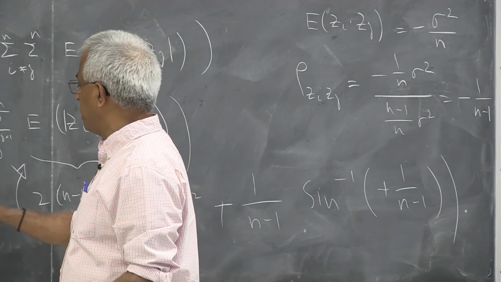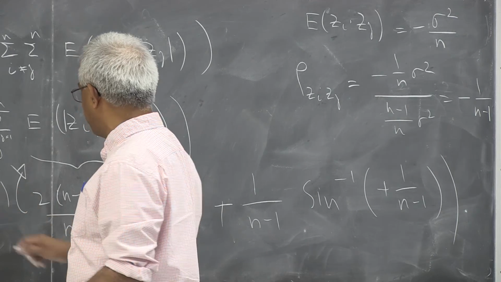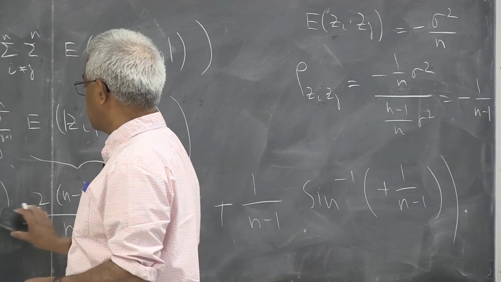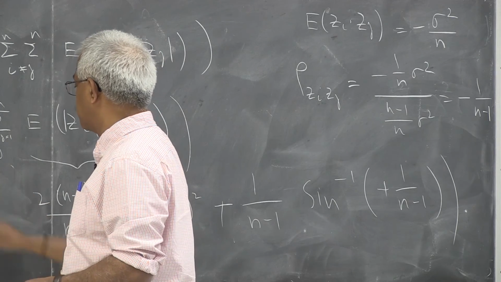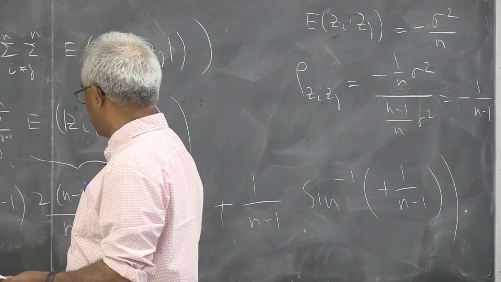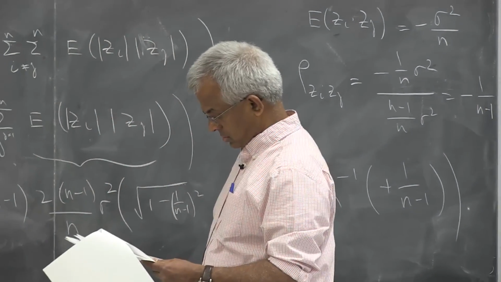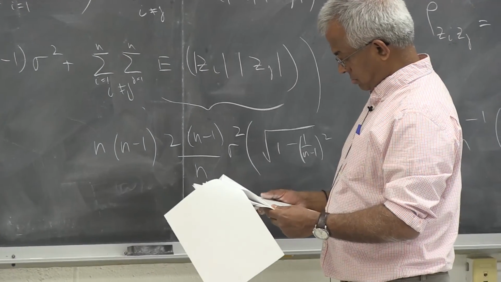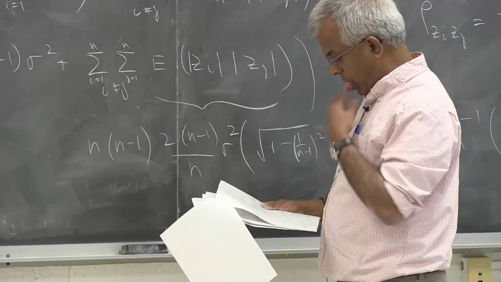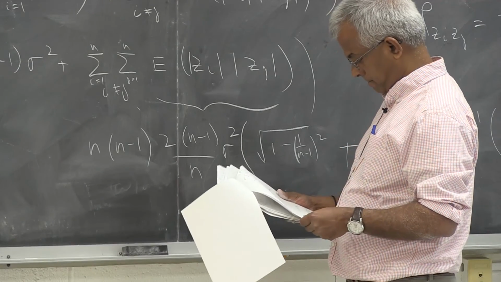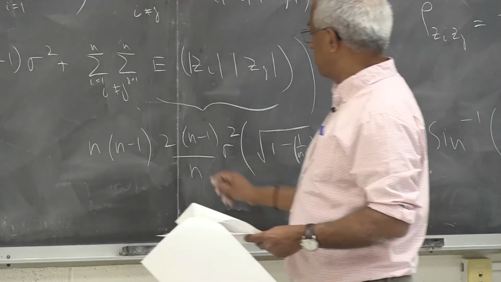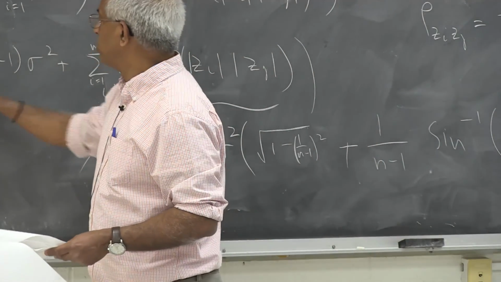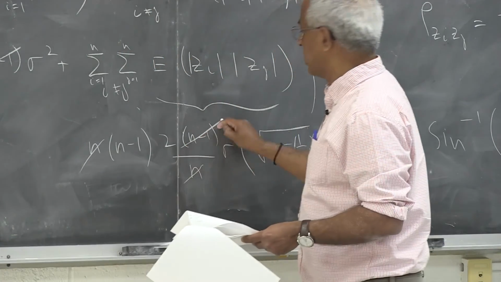This is going to be n into n minus 1 by 2 such terms, n squared minus n terms, so n multiplied by n minus 1 terms. So notice that this n cancels, this n minus 1 cancels with here and also cancels here.